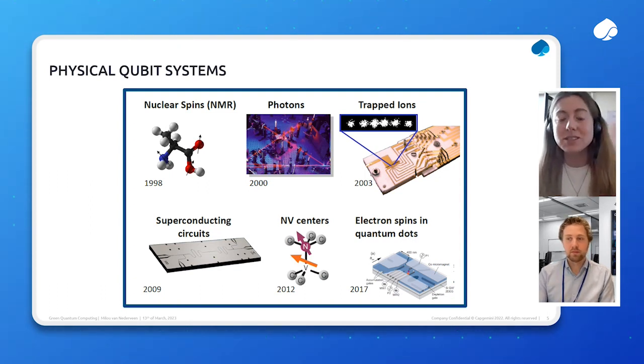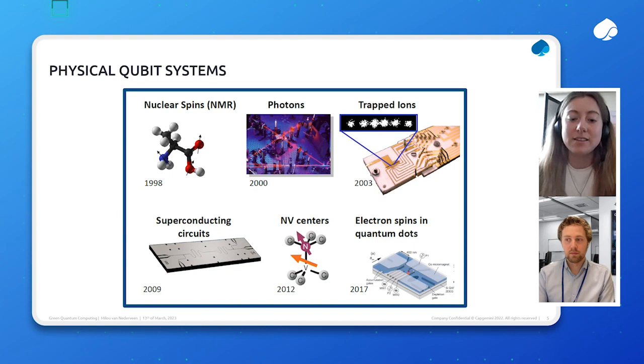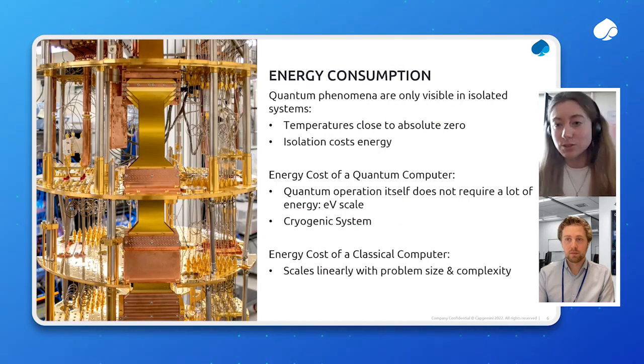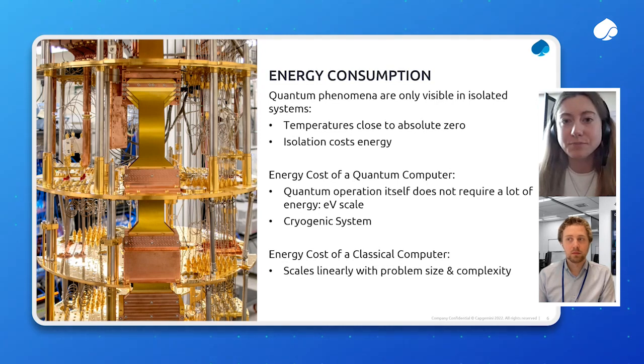What is important is that to observe quantum phenomena, those systems need to be isolated, and in order to do so, this costs energy. Quantum phenomena are only visible in isolated systems with temperatures very close to 0. And as this is the case, a cryogenic system is necessary, so a system to cool down the system.